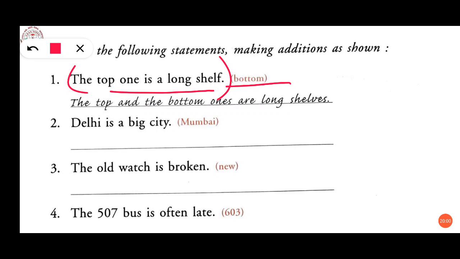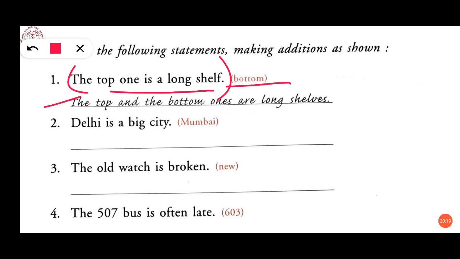You have to use that bottom for making this sentence. So the answer becomes the top and the bottom ones are long shelves. What you will write? The top and the bottom ones are long shelves.